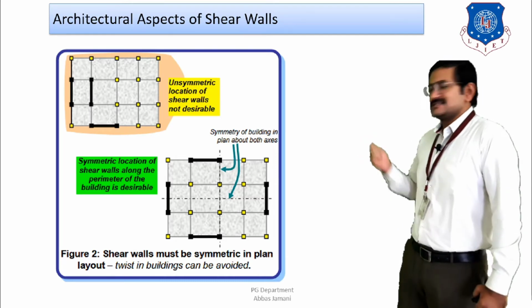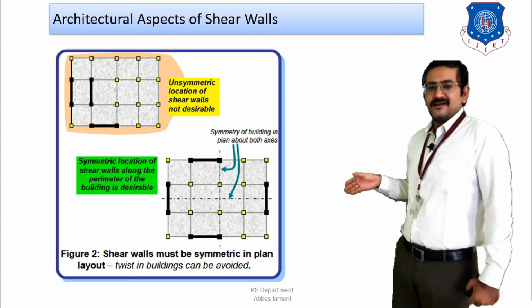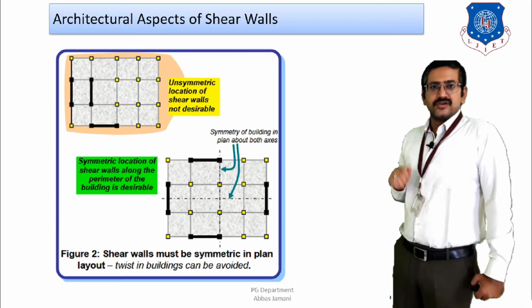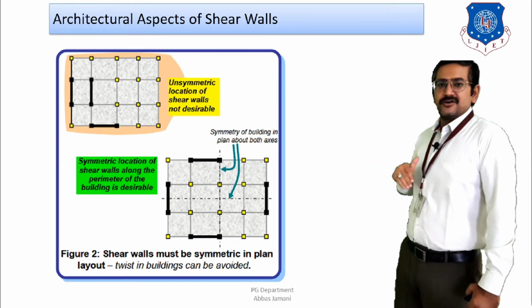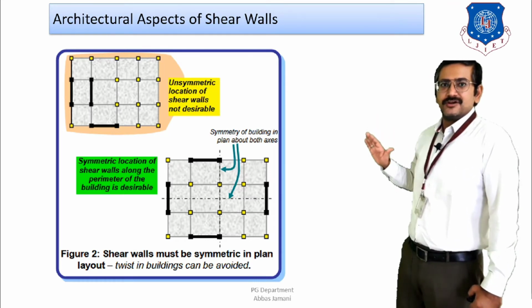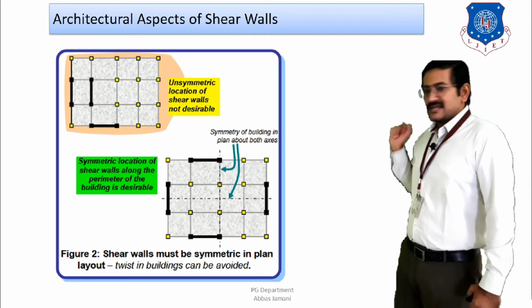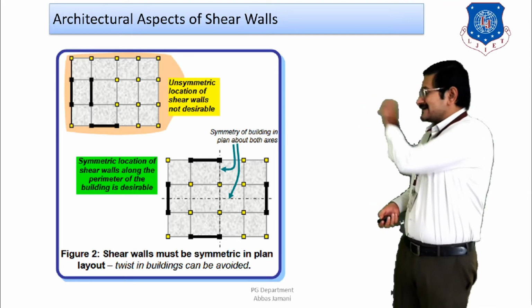Whereas the other figure is the one where 4 shear walls are shown. That is, 2 shear walls are provided in the x direction and 2 in the y direction. So if I talk about the symmetry, the walls provided along the horizontal direction are symmetric about the x-axis, right? And the vertical walls are symmetric about the y-axis.